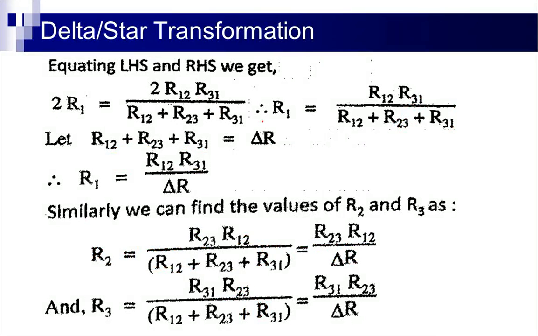So R1 is equal to R12 R31 divided by R12 plus R23 plus R31. This will be your value for the R1 resistance in star connection, equation number 12.